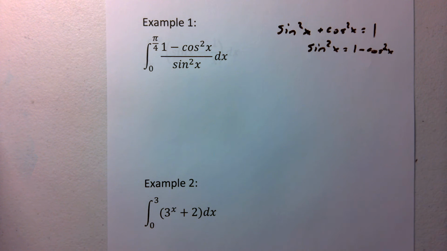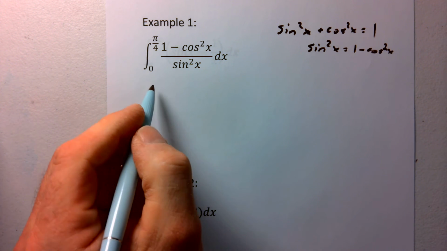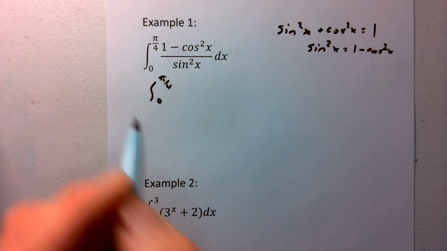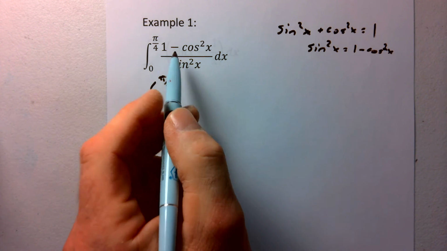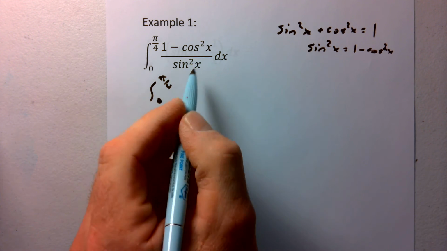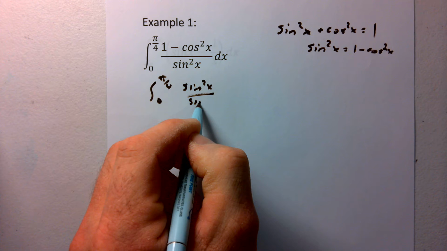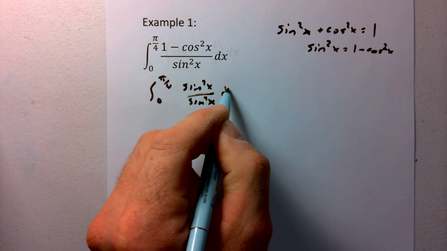Again, hopefully you're working with those note cards and you're studying them because they are going to be beneficial to you. 1 minus cosine squared, again, is sine squared, so we have the integration of sine squared of x over the sine squared of x dx.